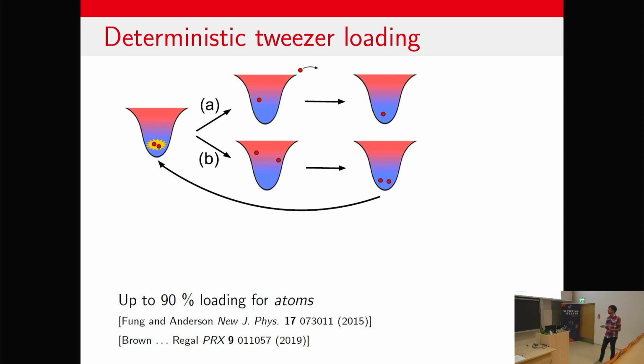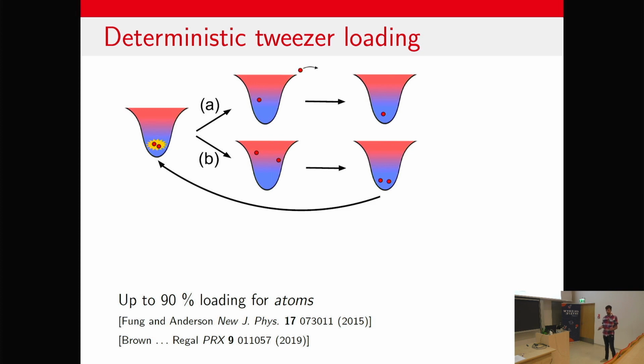So for atoms, again, you can do this by controlling the light-assisted collisions, and we've been working, I guess, for a year or so on a project together with Mike Tarbett, thinking about whether you can do the same for molecules, simply by controlling light-assisted collisions, or perhaps even do something more complicated and use microwaves to protect the molecules.